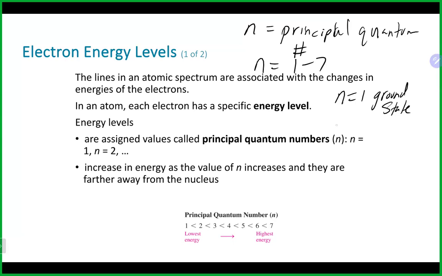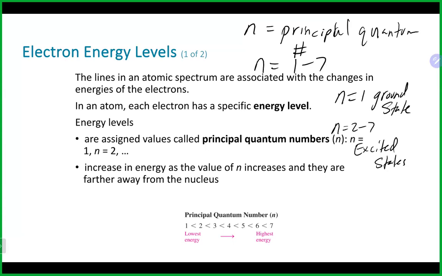Anything above that, anywhere from n equals 2 through 7, are sometimes referred to as excited states. So we will have electrons within the atom at different energy levels, and the one closest to the nucleus is going to be that ground state.